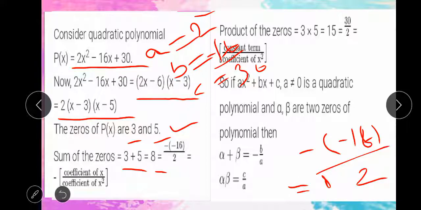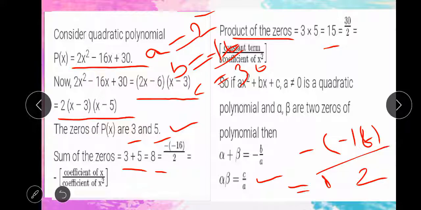Hence, there is a perfect relationship between the sum of zeros and coefficients. Now, comparing for the product of zeros, we have 3 into 5, because 3 and 5 are our zeros, and 3 into 5 is equal to 15. Now comparing it with the formula c by a, we get c is 30 and a is 2.